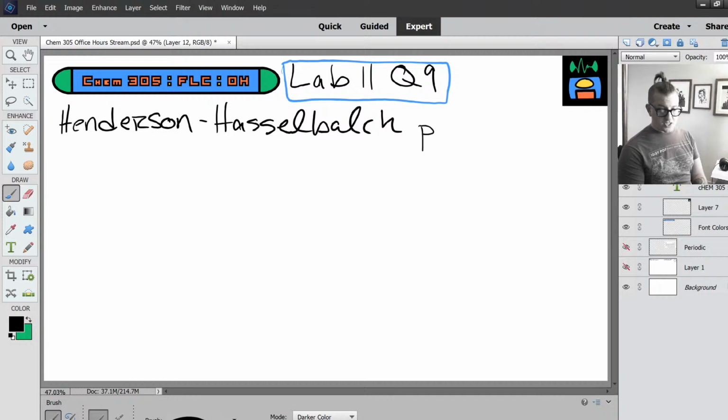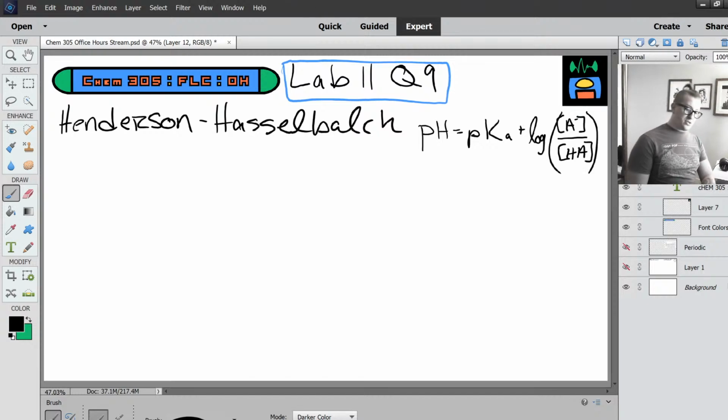So the equation is pH is equal to pKa plus the logarithm of the molarity of A minus over the molarity of the weak acid. All right, so this is the Henderson-Hasselbalch equation.